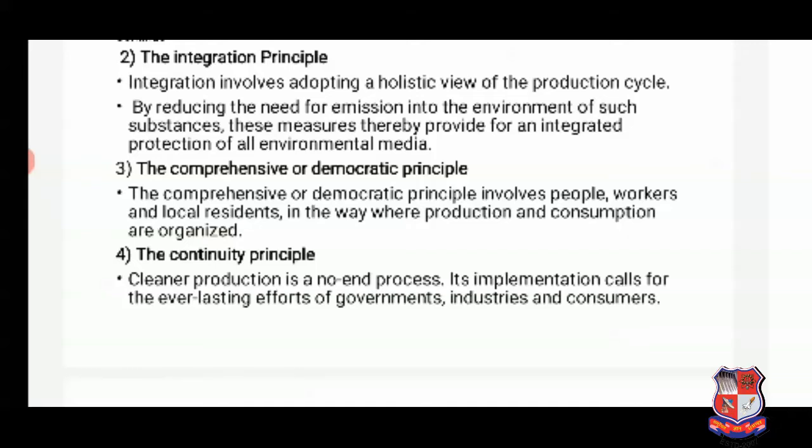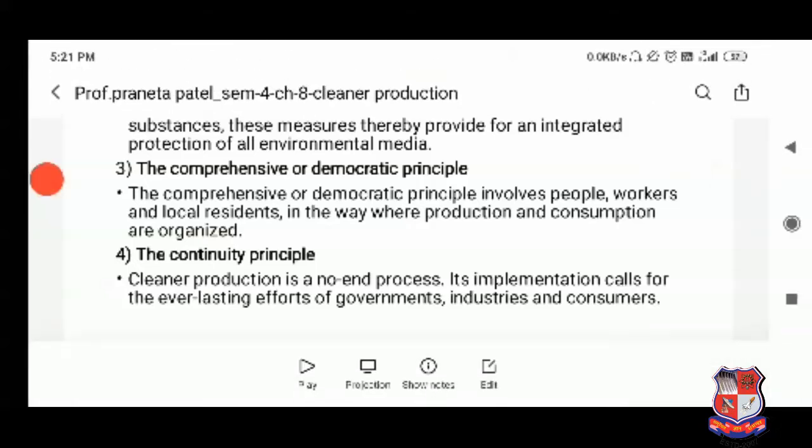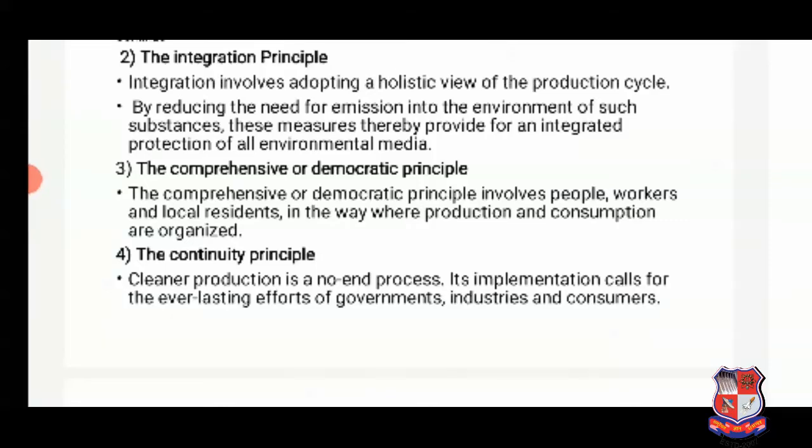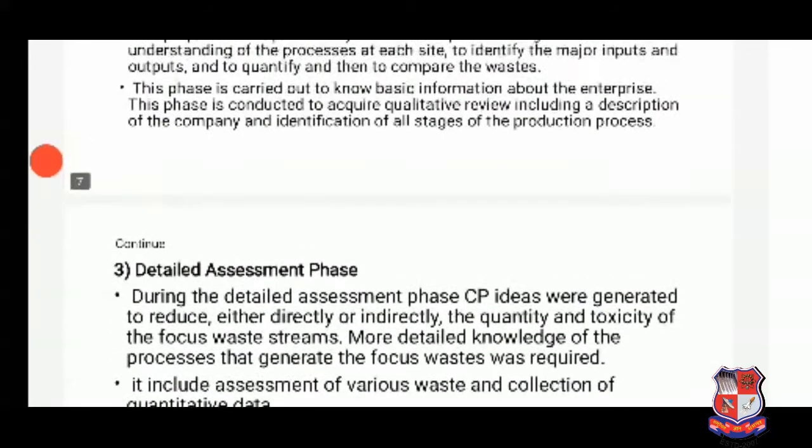It involves people, workers, and local residents in the way production and consumption are organized. Last but not least, the last principle is continuity. In the continuity principle, cleaner production is not an end process. Its implementation calls for everlasting efforts of governments, industries, and consumers.